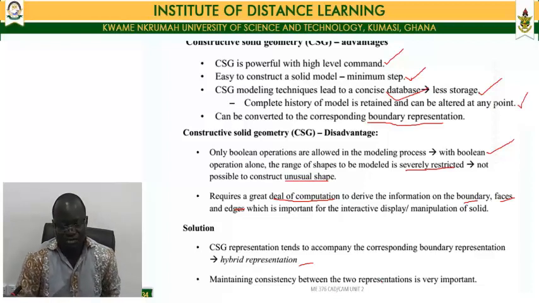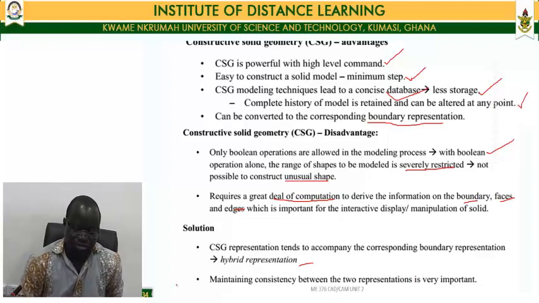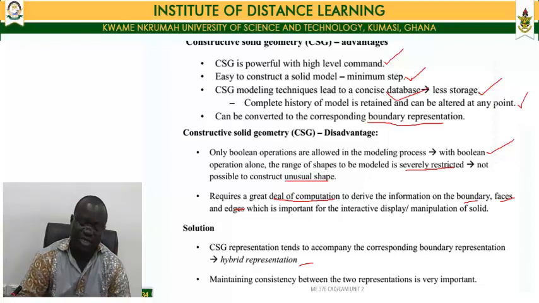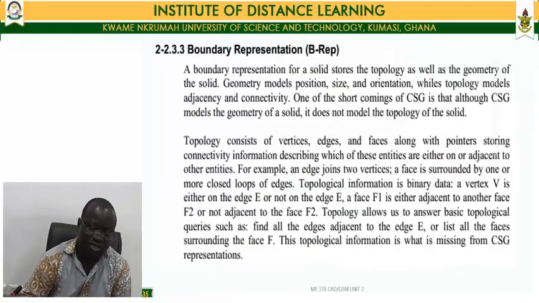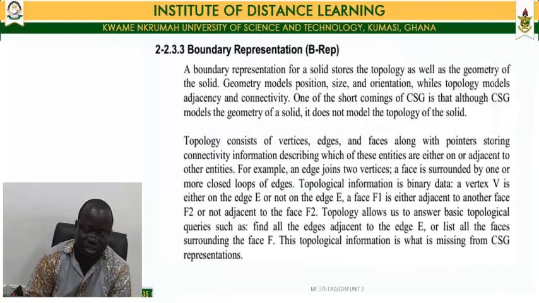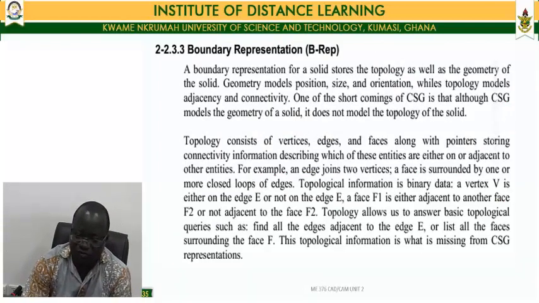Now, when it comes to boundary representation, we've dealt with constructive solid geometry. So we're coming to the second most commonly used technique, which is boundary representation. In boundary representation, we say that for a solid, the topology, a very important terminology, as well as the geometry of the solid, is stored.